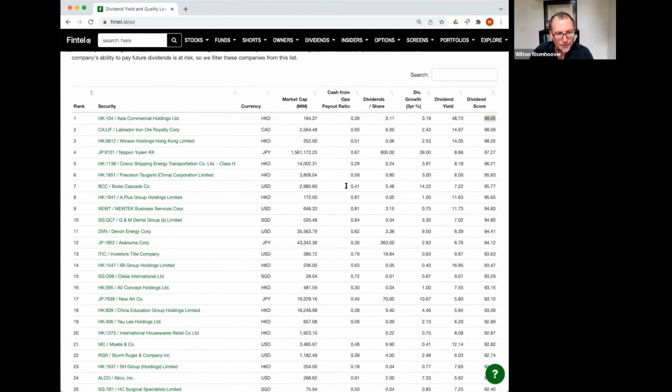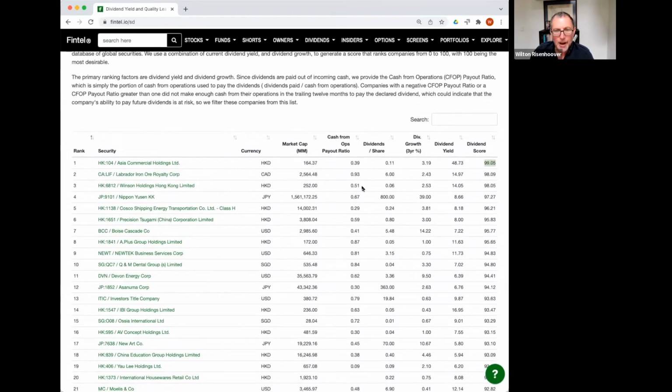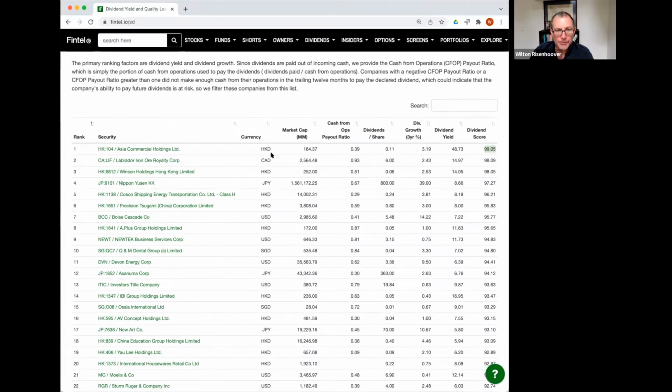So this is basically a list of the top dividend candidates worldwide right now. Look at the top numbers here: Hong Kong, Canada, Hong Kong, Japan, Hong Kong, US, Hong Kong. Now, this just goes back to what I was saying earlier.